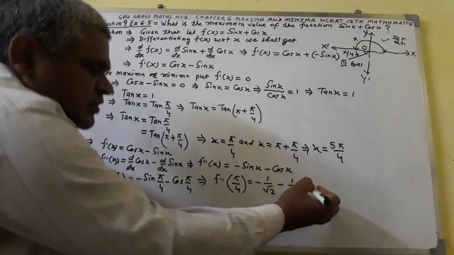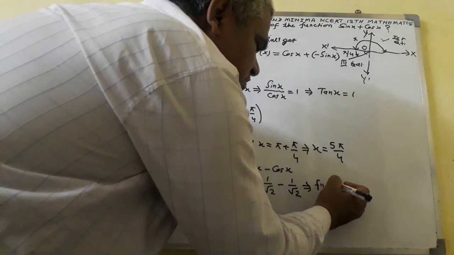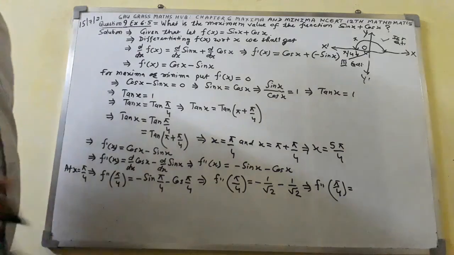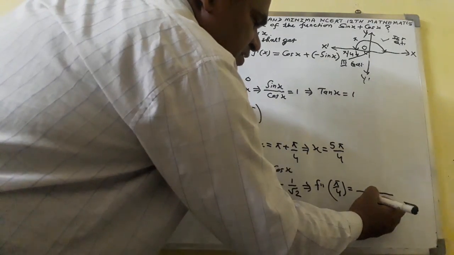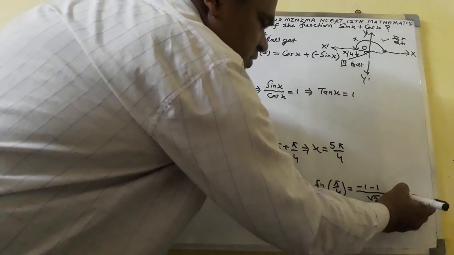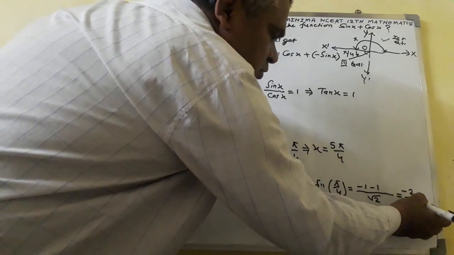Here we shall get f double dash of pi by 4 is equal to, take LCM, under root 2, minus 1 minus 1, you will get minus 2 over under root 2.